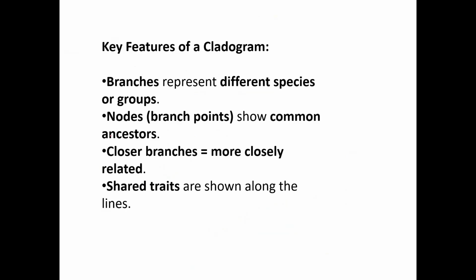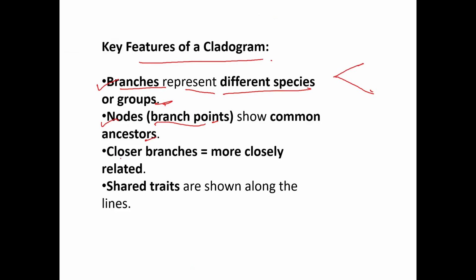So a cladogram is a diagram that shows the relationship between different species based on shared characteristics. Let's study the features of a cladogram. What are the major features? It always shows branches, which represent different species or groups; nodes, the branch points, show common ancestry, like this one.